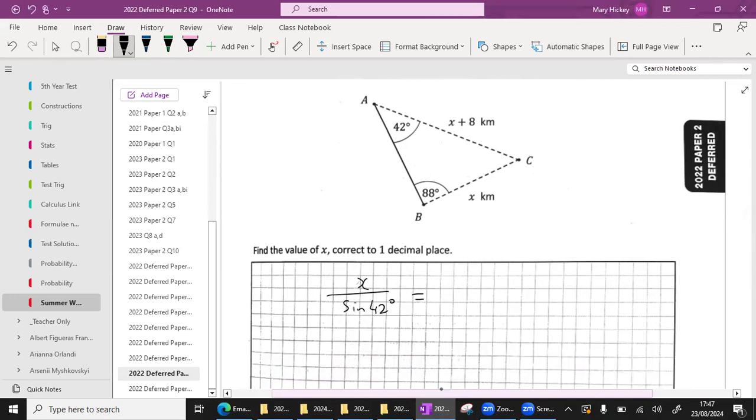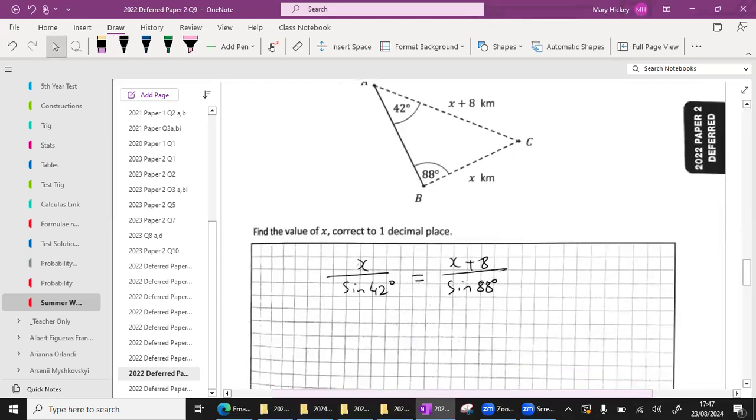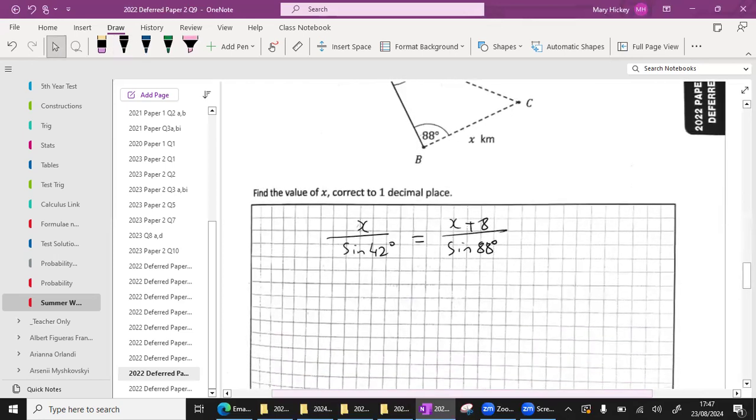And then I pick another side and I divide by the sine of the angle opposite. Now, my calculator is in degrees, so I'm good to go, and I want to find X to 1 decimal place. It's going to be a length of side in kilometers. So I'm going to cross multiply: X times the sine of 88 is equal to X plus 8 times the sine of 42. Okay, so that's what we have at the moment.